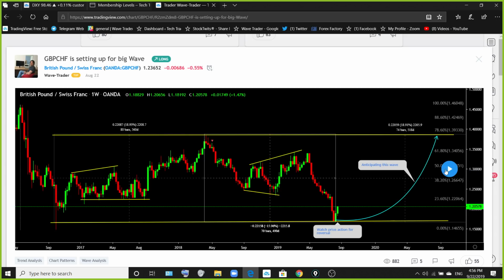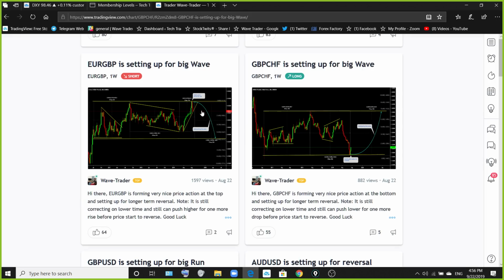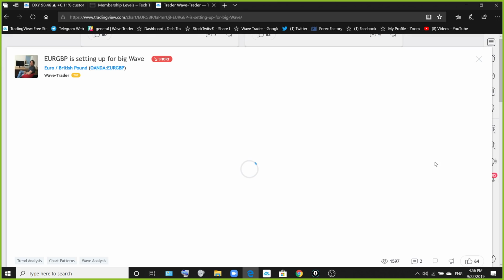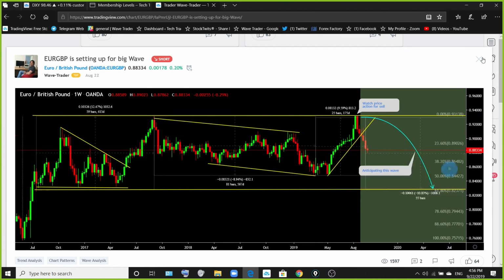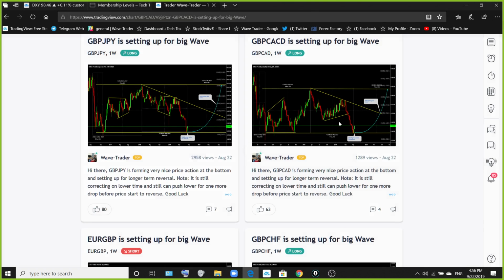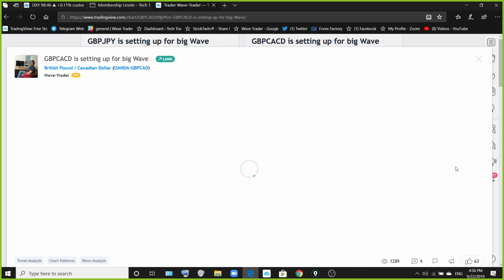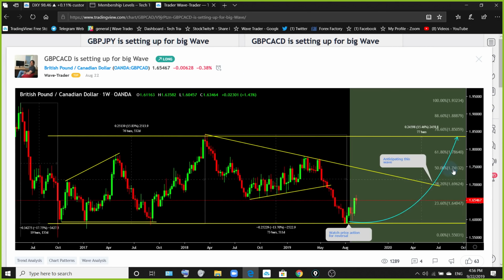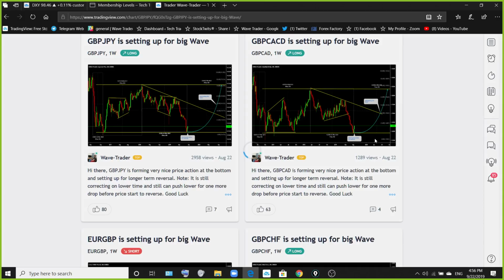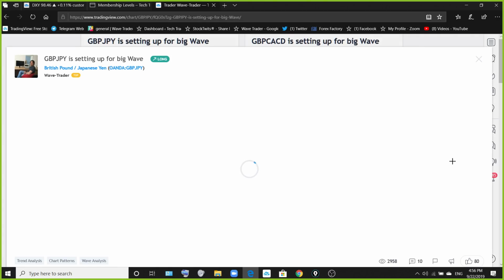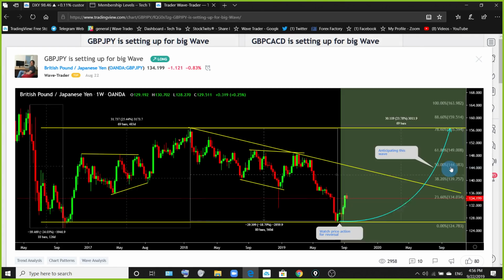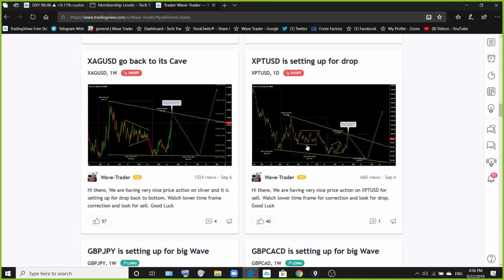Last week we have seen these charts. Plenty to come on the euro pound going down, plenty to come on the pound CAD going up nicely, plenty to come on the pound yen, bounced off aggressively.